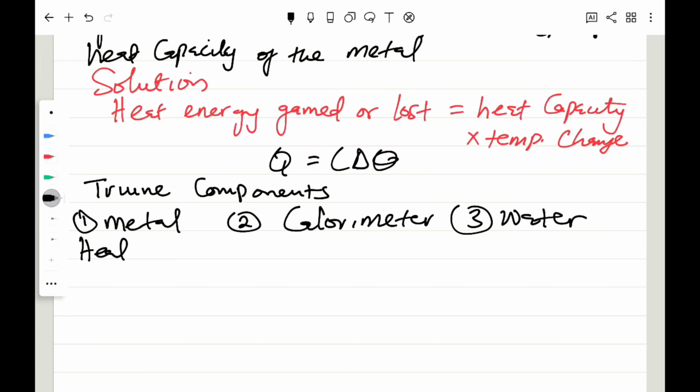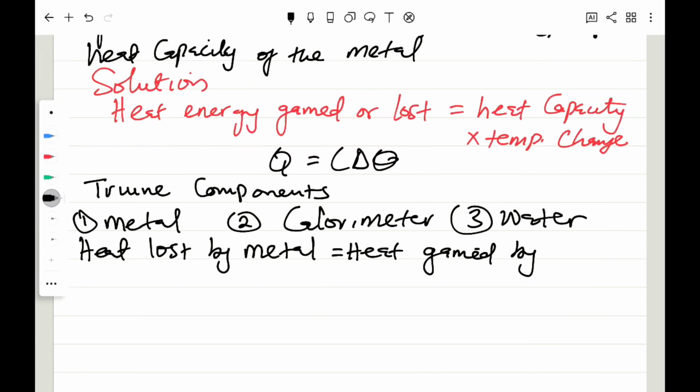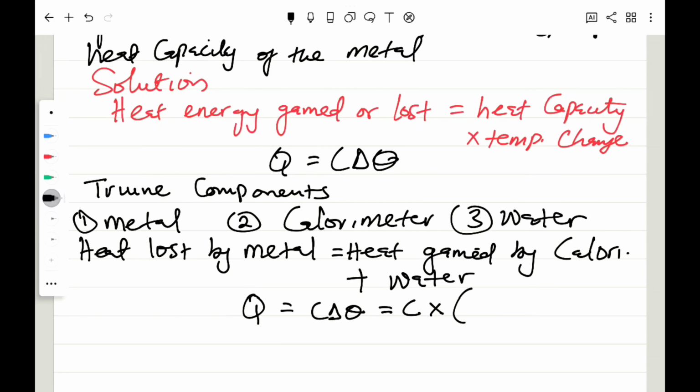So the heat lost by the metal is the first, and is equal to heat gained by the calorimeter and the water. Is that clear? So by combination, it will give you the total energy. So Q is equal to C delta theta, which is equal to C times 100 minus 25.